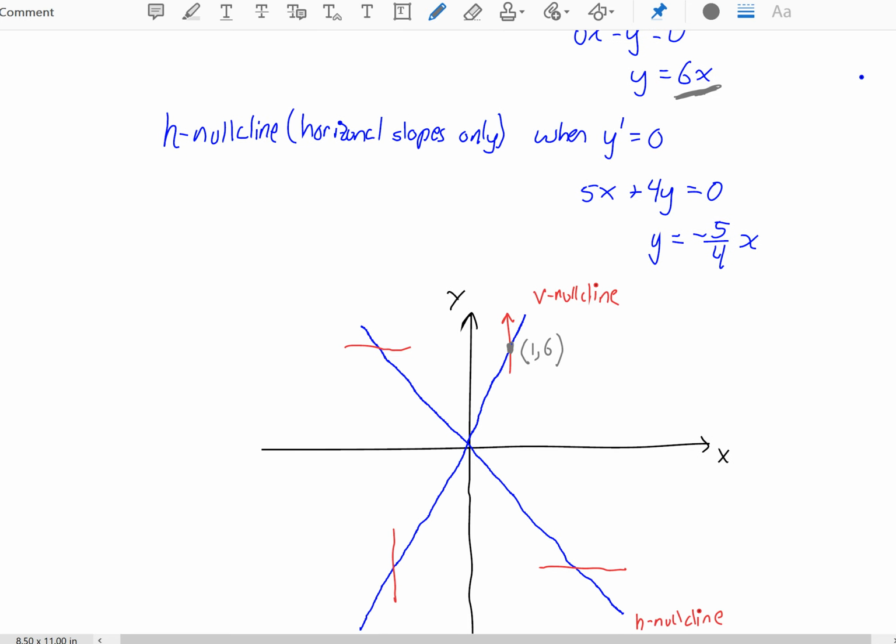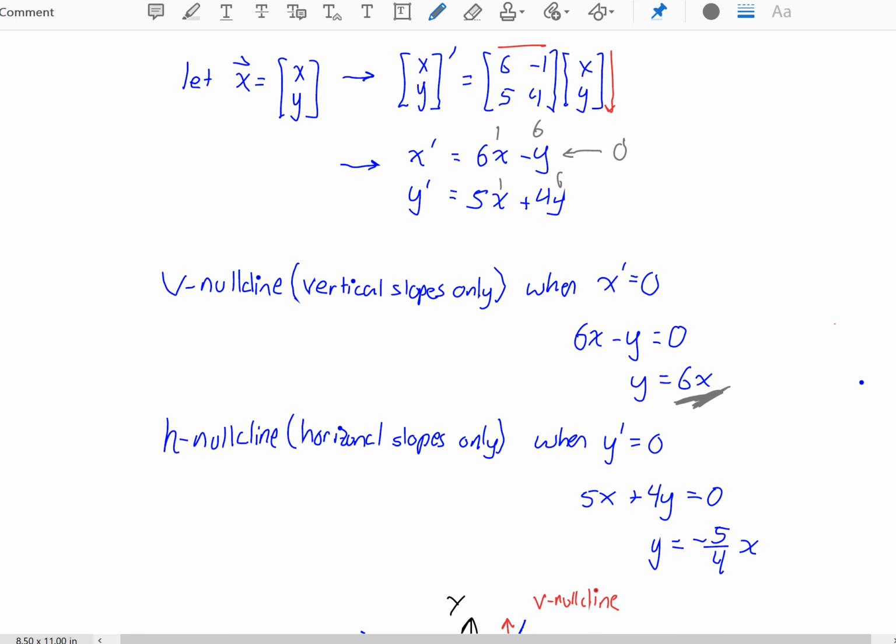Let's do the same thing for another point on our vertical nullcline on the other side over here. And to find a point, just pick an x value. If x is -1, then when you plug into your equation, y is going to be -6. And let's go back to our system of DEs. Here, x is -1 and y is -6. I think this will be -6 plus 6, and it's still 0. And I'm expecting x prime to be 0 because it's a vertical nullcline.